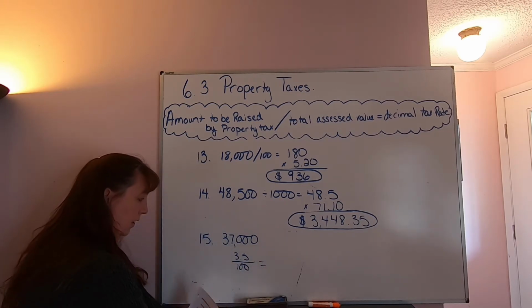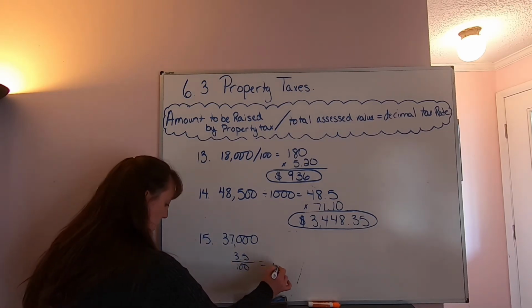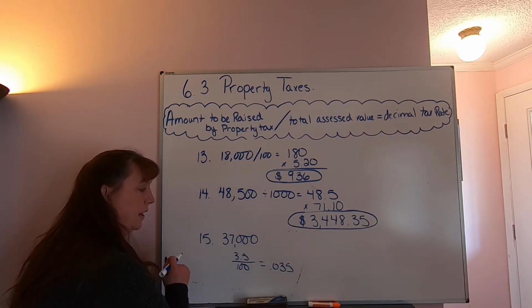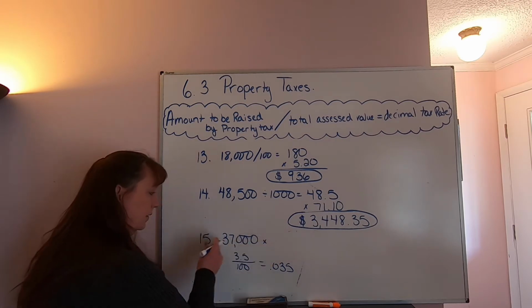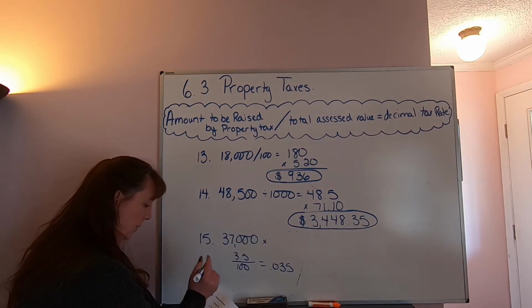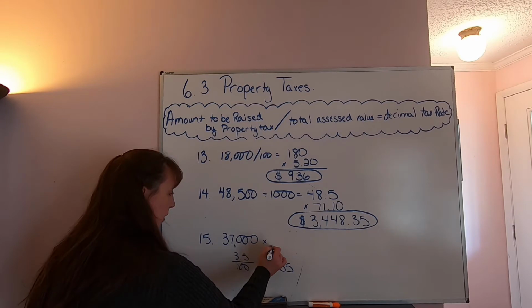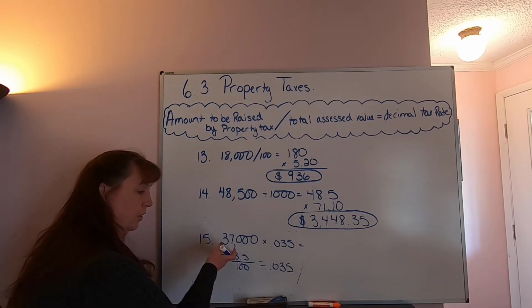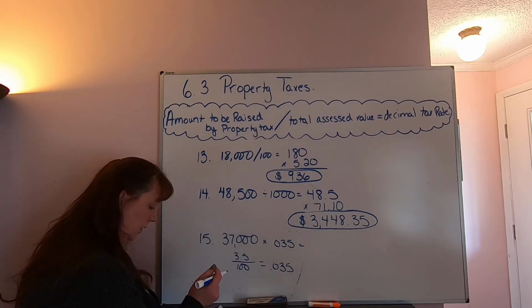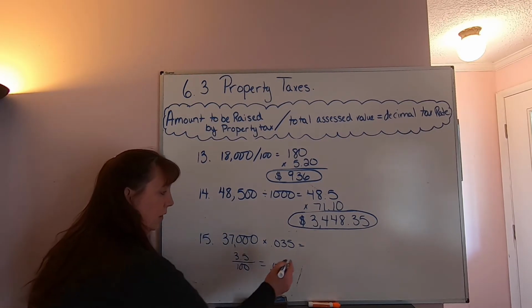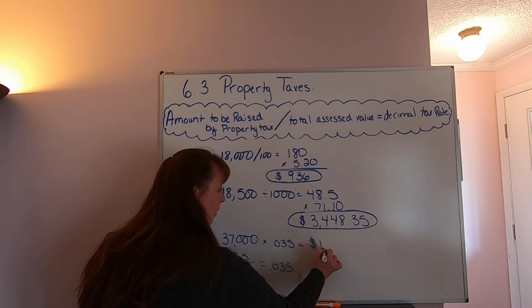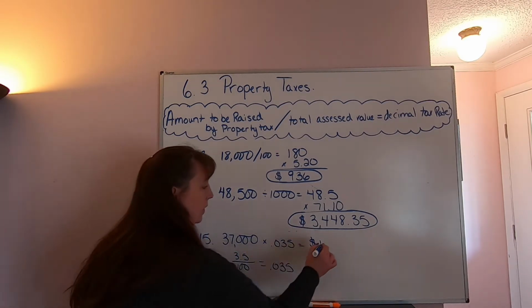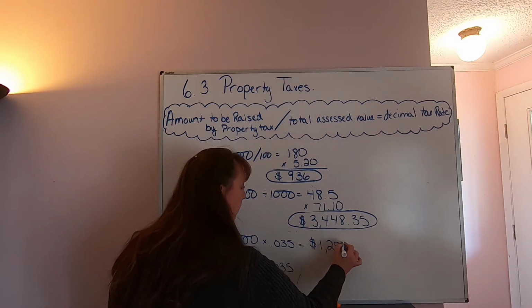So we divide that, which is 0.035. Now that we have that, we can times the assessed value times the decimal, 0.035. When we change the cents into dollars, we get $1,295 for a tax.